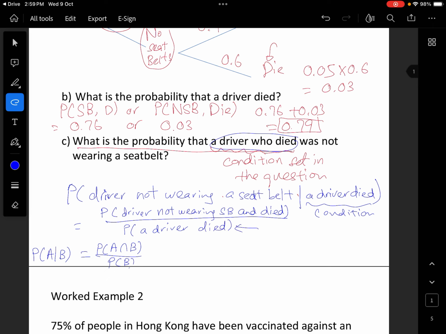Do we not know what the denominator is? If you look at the previous question, we found that the probability that the driver died was 0.79. So the denominator is going to be 0.79.